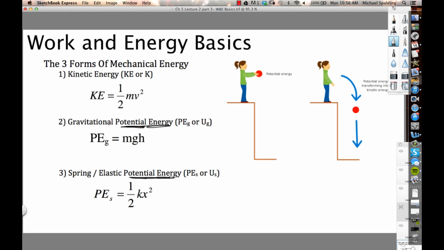So can gravity store energy? Yeah. And let me give you an example. So see this girl here holding this ball? Now, I like to explain energy, especially for gravitational potential energy, because kids oftentimes have a hard time wrapping their brain around gravitational potential energy.